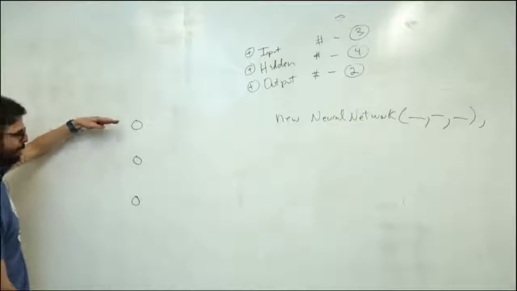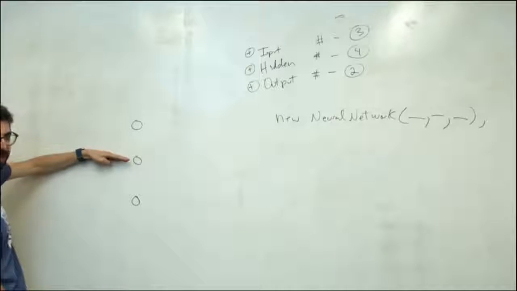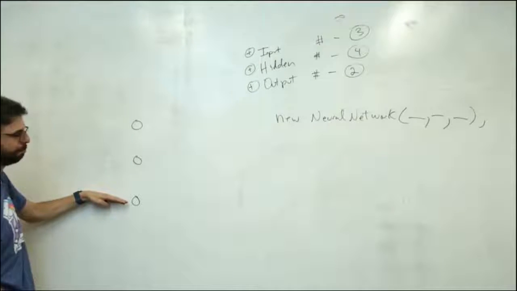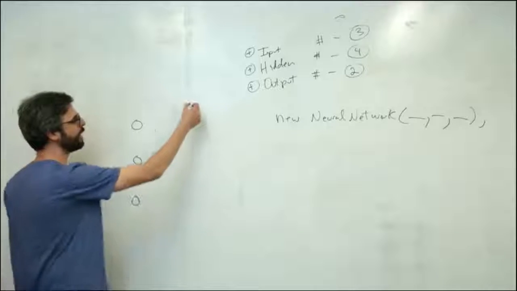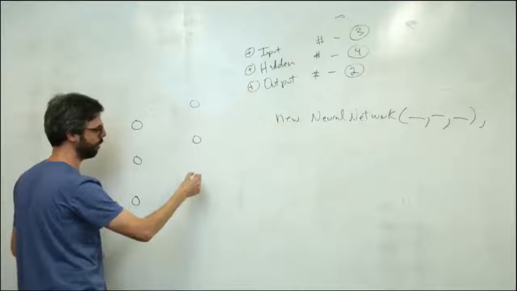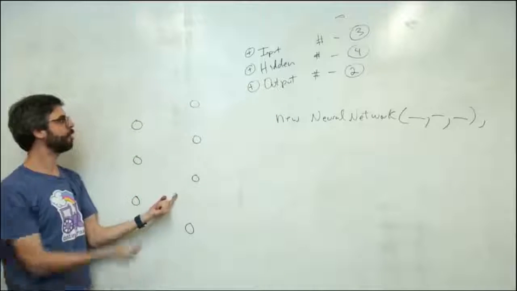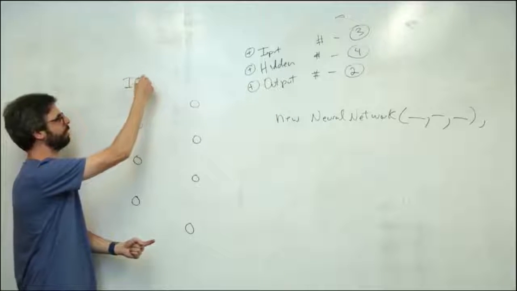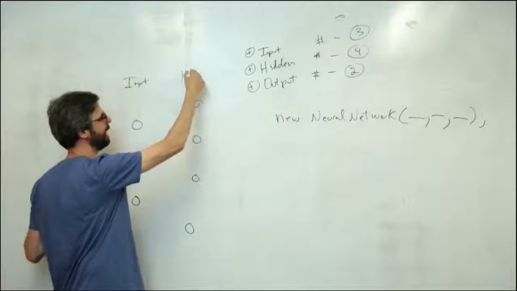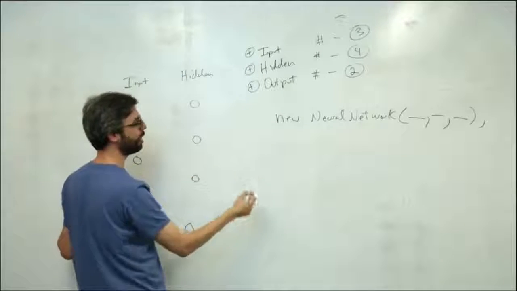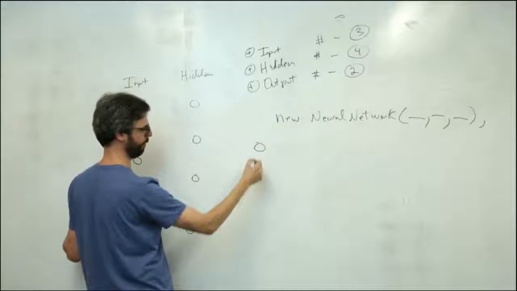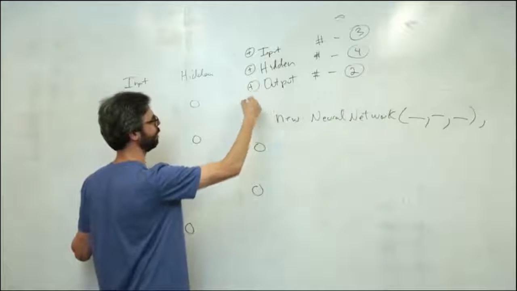This could be number of bedrooms, number of bathrooms, square footage. So those are 3 parameters of a house. These will connect to 1, 2, 3, 4 hidden neurons. So this is the input layer. This is the hidden layer. And then I'm running out of space here. There will be 2 outputs. And then this is the output layer.